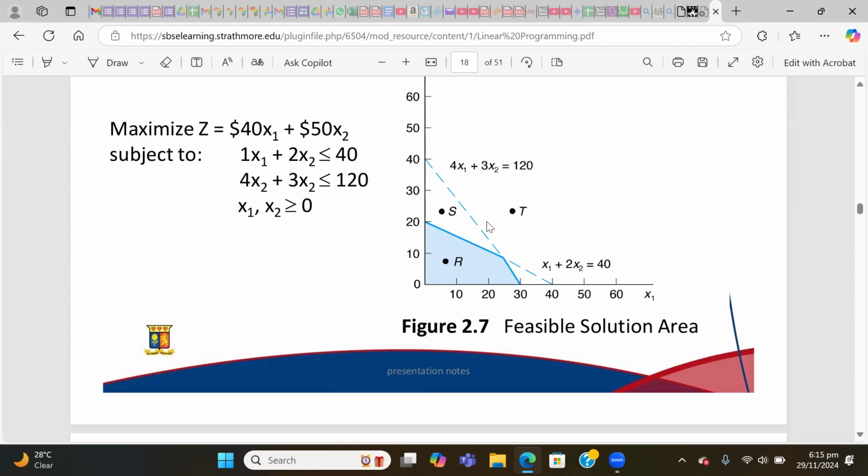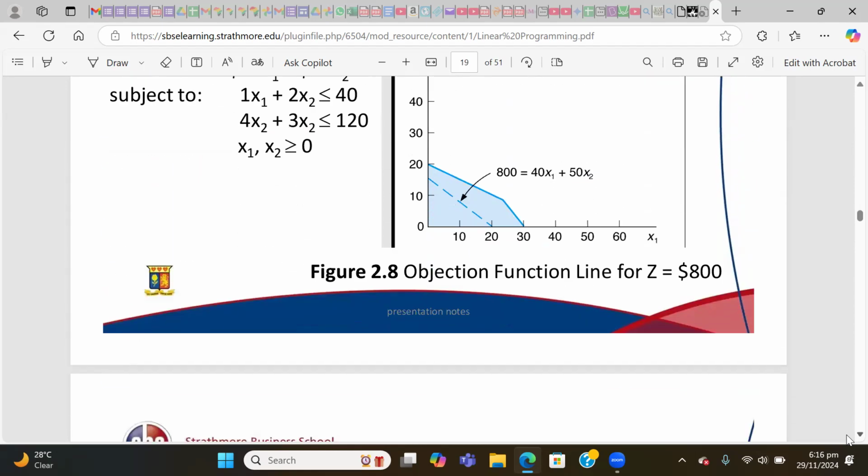So if you choose T or S, you're not going to operate within the constraints of this manufacturing business, and therefore there will not be a solution. You might have a very large number for z, but they're not going to be within the constraints that were given.